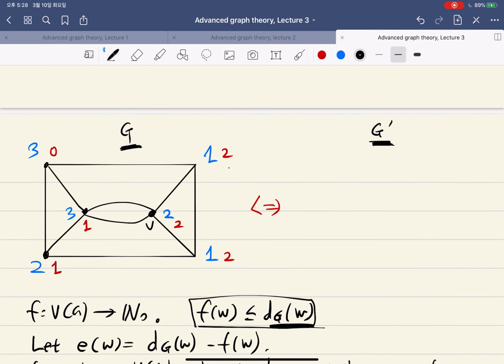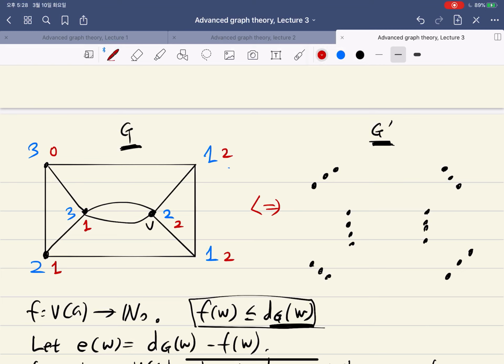So we put the degree many vertices: 3 and 3, and this has degree 4, so 4 and 4 and 3 and 3.